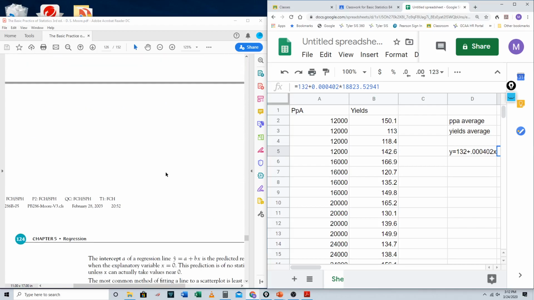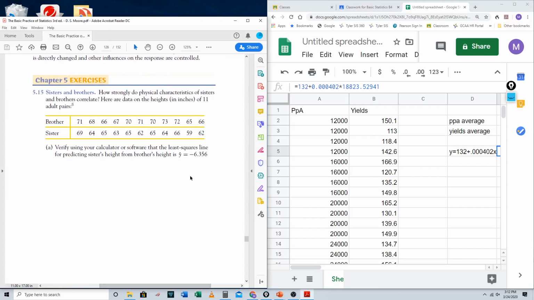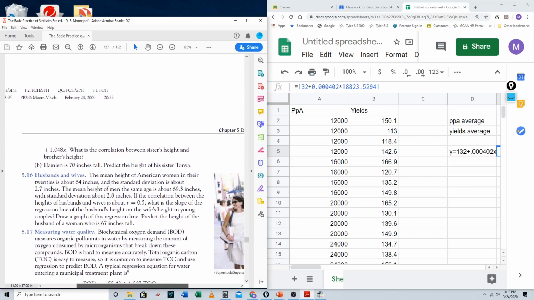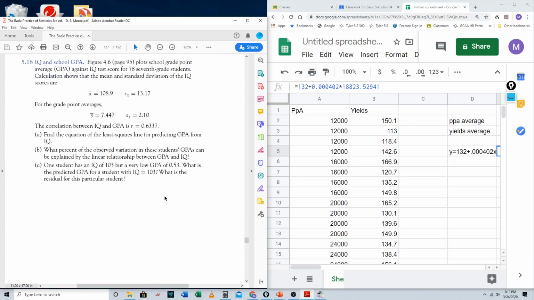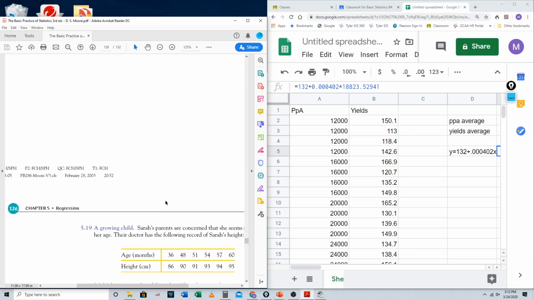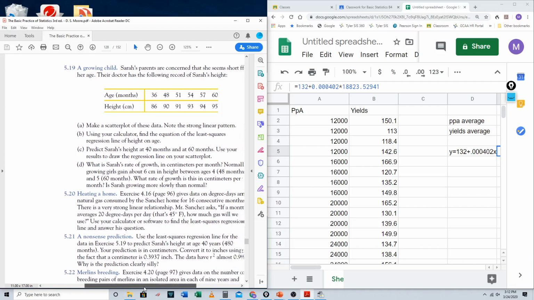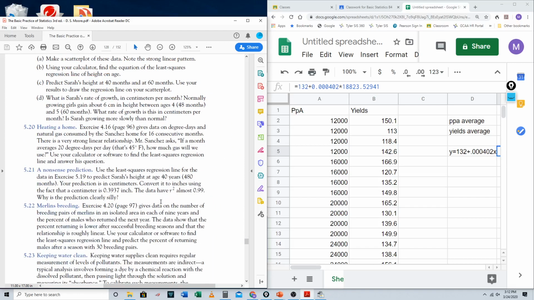Chapter 5 summary, and then chapter 5 exercises. I'm basically going to have you just go all the way down until you see residuals. I don't think I did residuals.